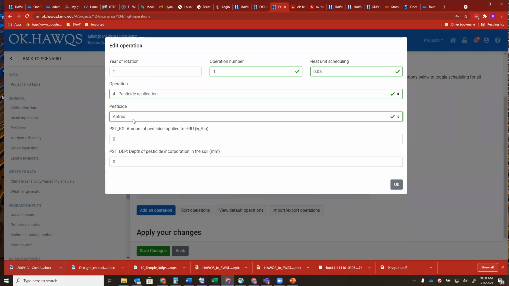Okay, I don't know if this is changed to something here like this. So I need to find out. I thought I had a specific name called atrazine pesticide.